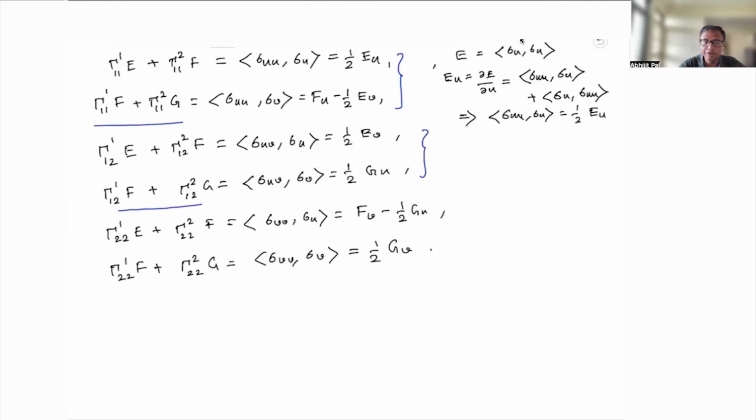Therefore these two equations you can solve and get the Christoffel symbols. Similarly, for the second pair of equations, we get the same matrix whose determinant is EG minus F square, not equal to 0, so again we can solve these equations. And similarly for the last pair, so therefore we can compute the Christoffel symbols.